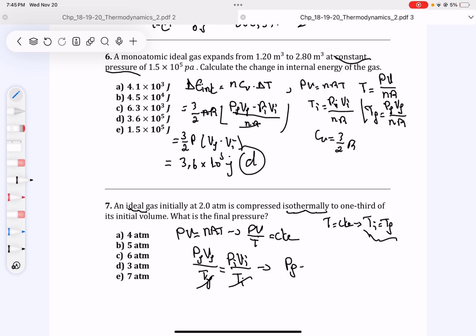P final is just P initial times V initial over V final. That's 2 atmospheric. V initial over 1 over 3 V initial. We simplify it. And we get here 6 atmospheric pressure. And that's C.